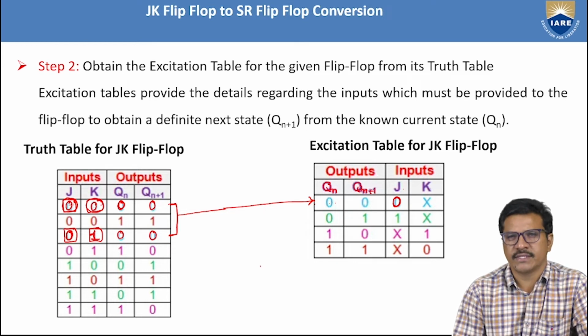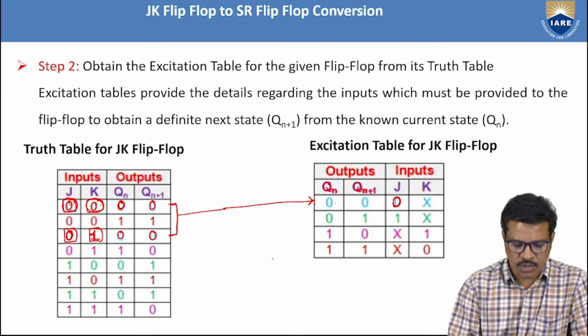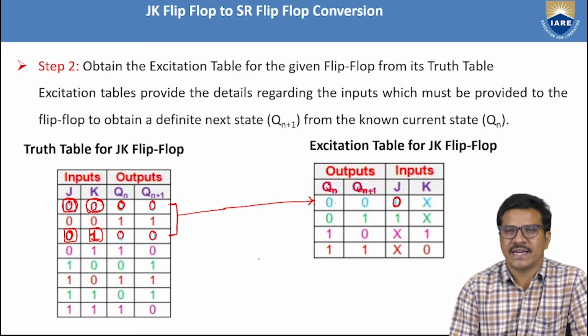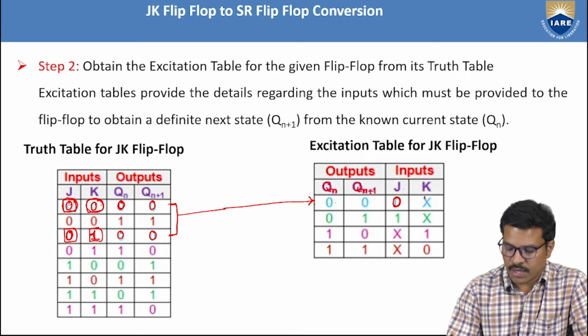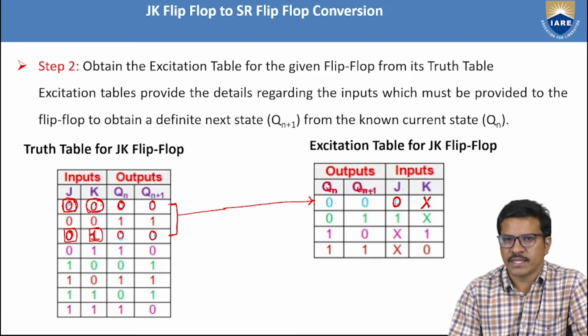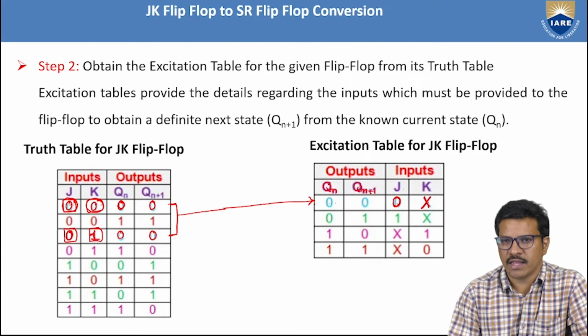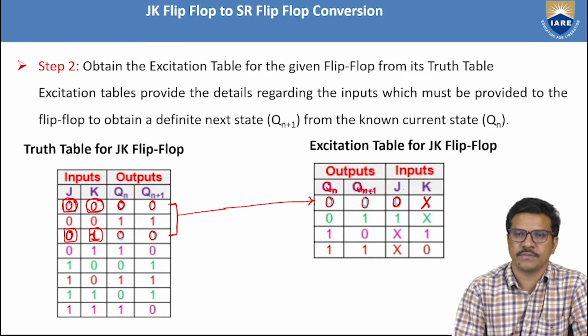In one case K may be 0 and in the other case K may be 1. To represent these two cases in a single one, we use a don't care. So 0x means 0 with x in one case being 0 and in the other case being 1: 0, 0 and 0, 1. In these two cases, the present state is 0 and the next state is also 0.